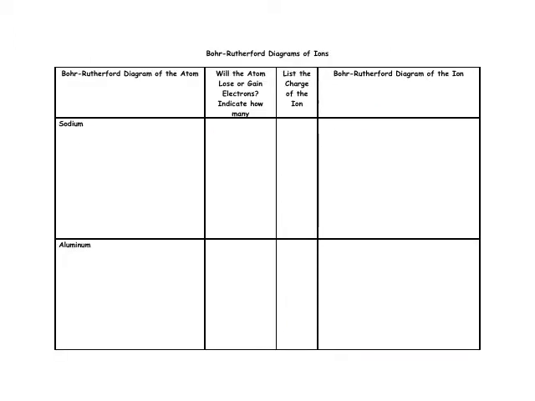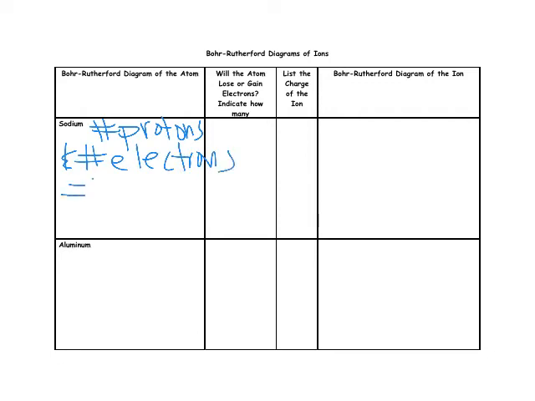If you look at sodium on your periodic table, sodium has an atomic number of 11. This means that the number of protons and the number of electrons is equal to 11. We'll need this for our Bohr diagram.